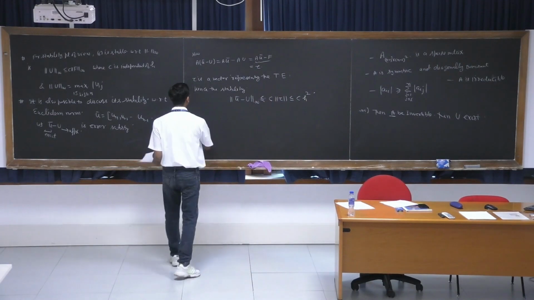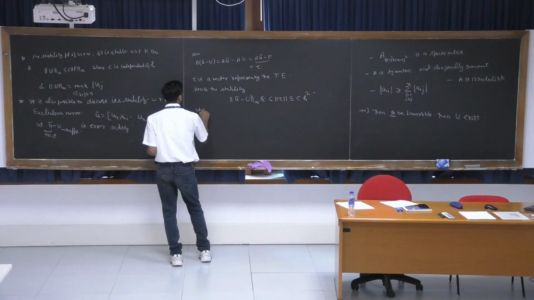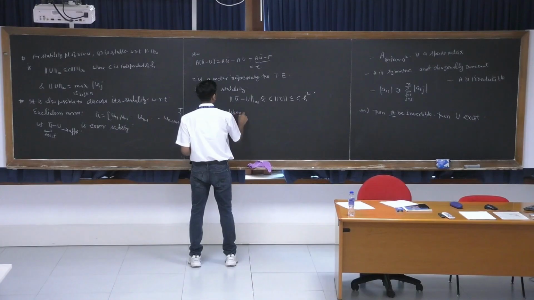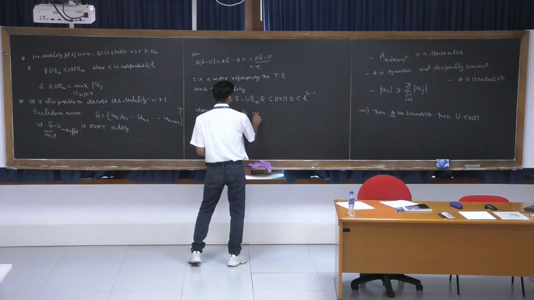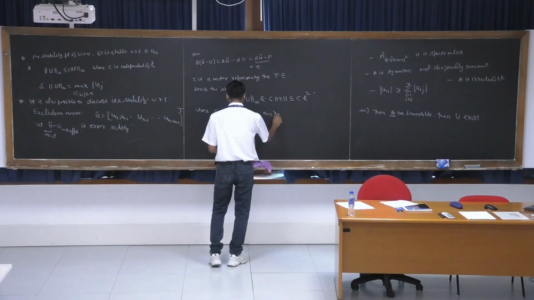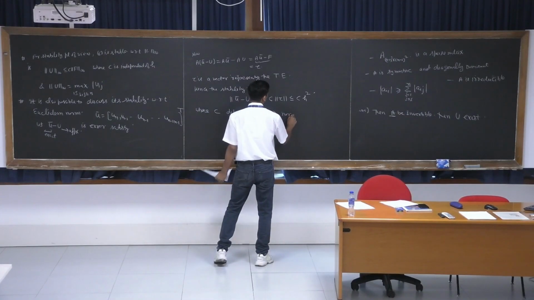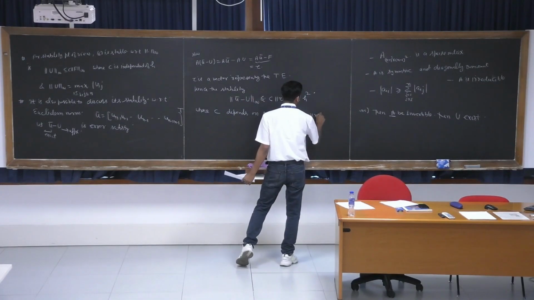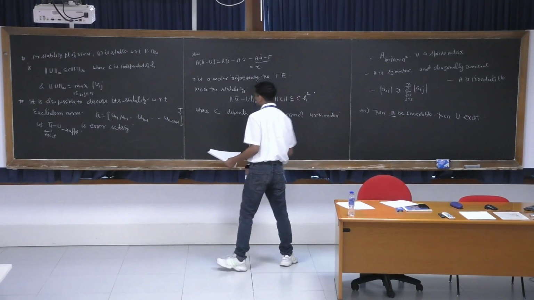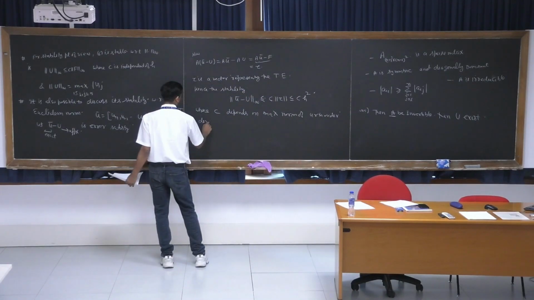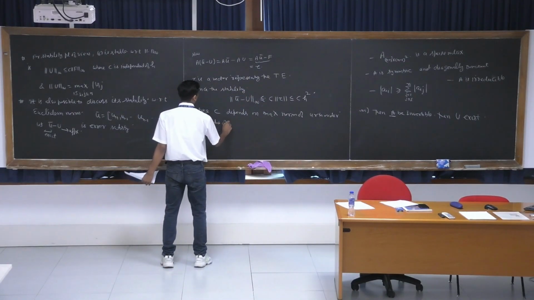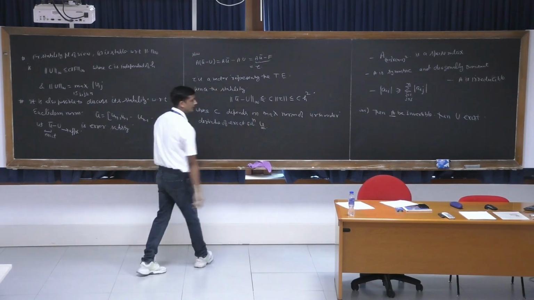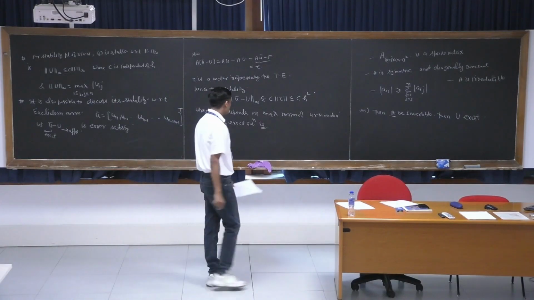So here C depends on the maximum norm of the fourth order derivative of the exact solution, that is small u.